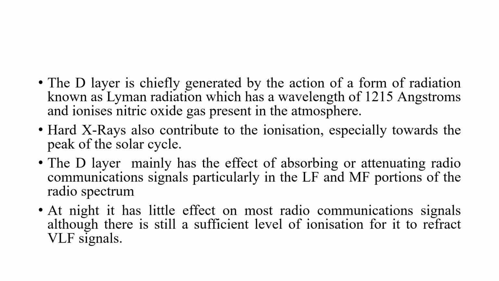The D layer is generated by a form of radiation known as Lyman radiation, whose wavelength is around 1215 angstroms, which ionizes the nitric oxide gas present in the atmosphere.